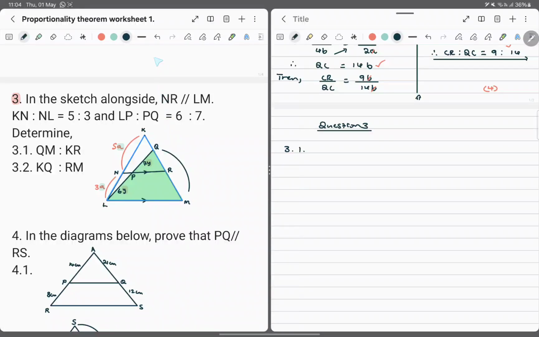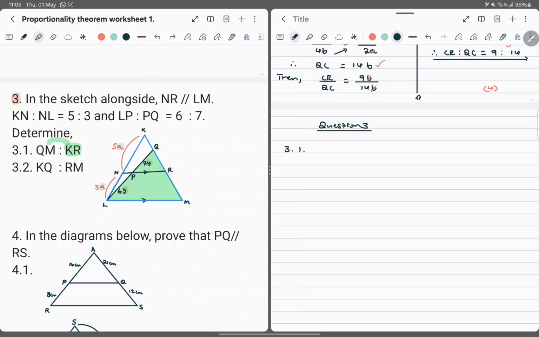So I will choose QM for me. How do we use QM to deal with these issues? It means if we already have QM, our task is to showcase KR in terms of QM. So that's what we need to do. We show KR in terms of QM. Again, you can choose to show QM in terms of KR. It doesn't really matter as long as the strategy is clear.